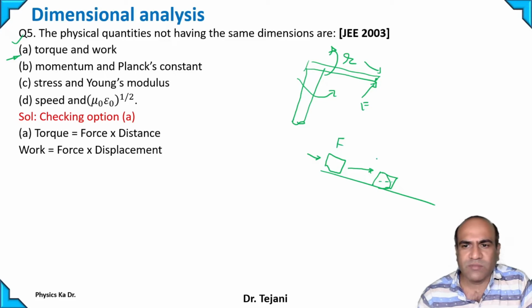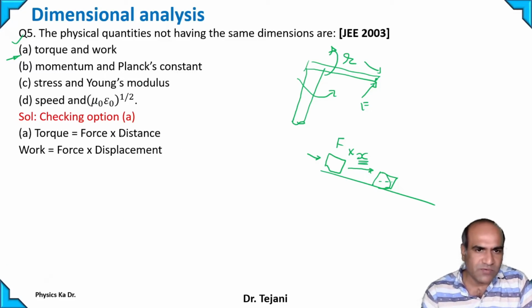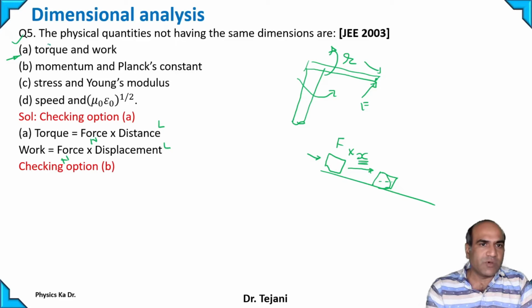So force multiplied by that displacement becomes work. If you see the equation in both cases, force in Newton, displacement in terms of length. So ultimately, the dimensions are the same. No calculation is required further, right? Go straight forward. Option number two, because one is wrong.